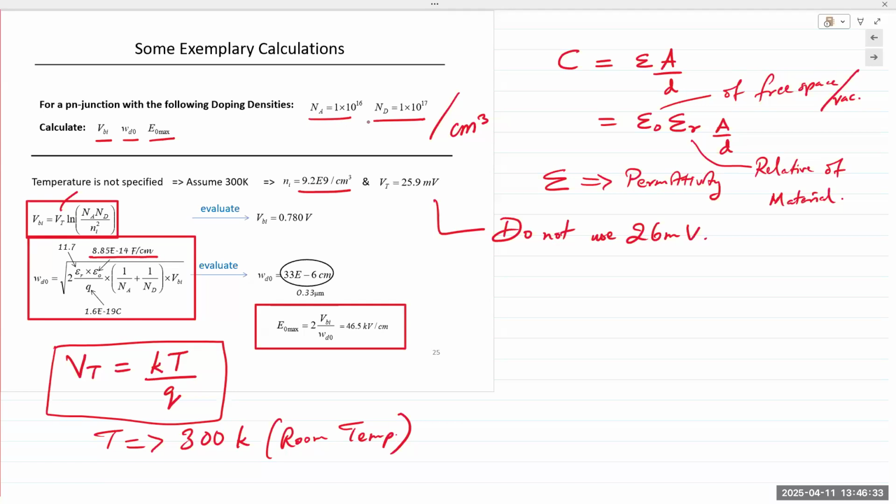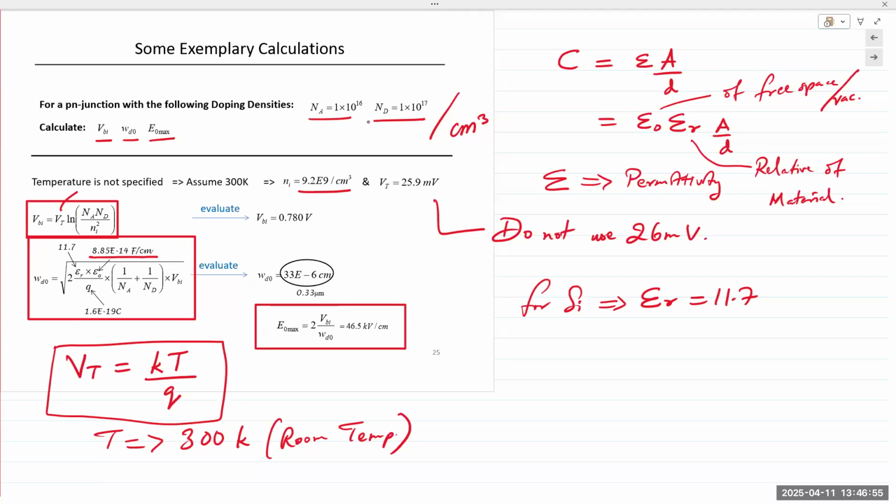So epsilon r for silicon is 11.7. Epsilon 0 is a constant, 8.85 times 10 raised to minus 12 farads per meter. This is given in centimeters.